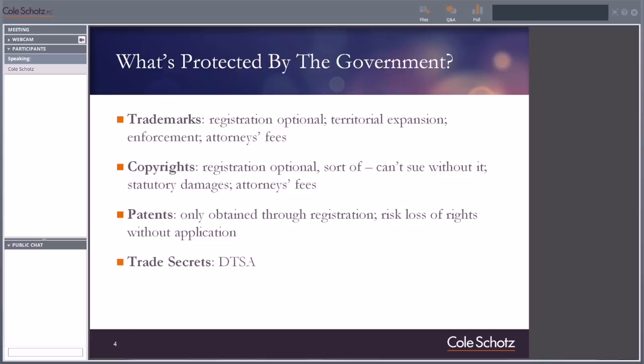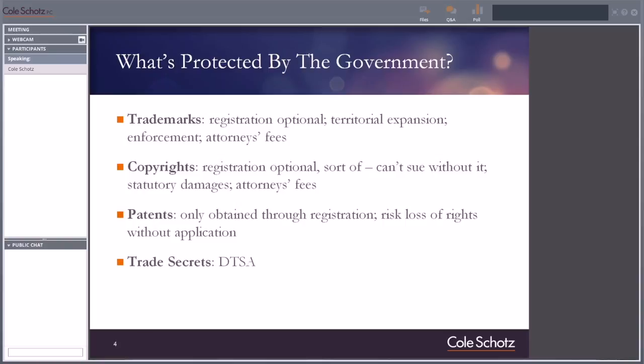And we're going to focus our conversation on the benefits of obtaining government registration for your IP. Mechanics could take up another presentation entirely, so we'll just touch on that a little bit. There are different mechanics for going through the registration process for each of trademarks, copyrights, and patents.